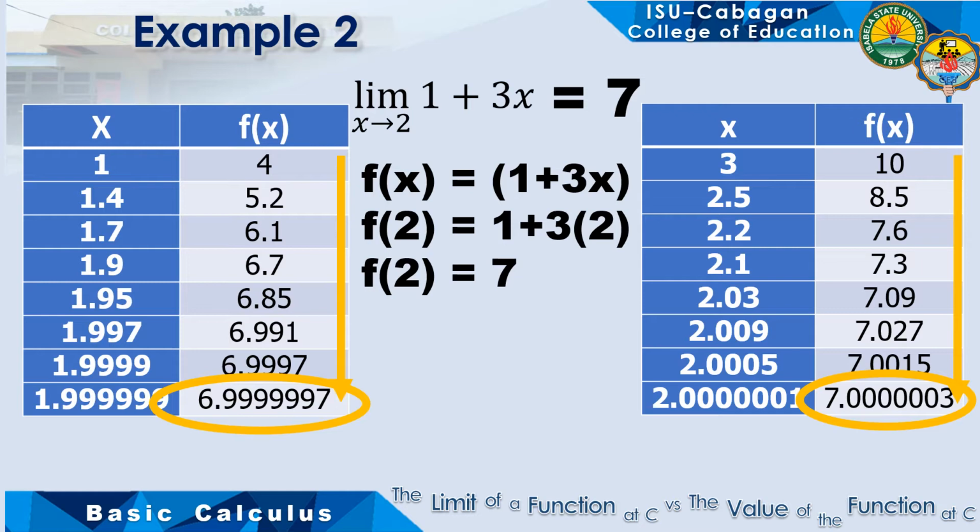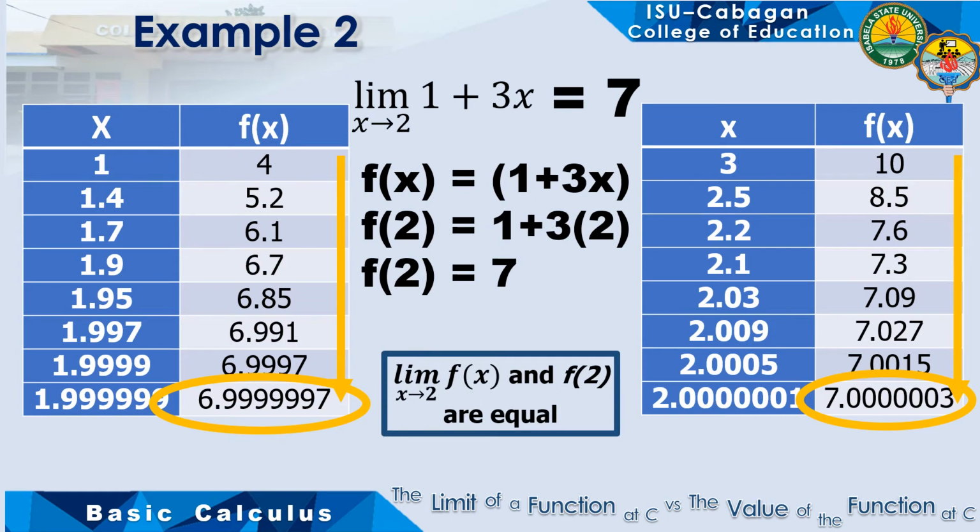As you notice again, the limit of the function 1 plus 3x as x approaches 2 is equal to 7, and f of 2 is equal to 7. Therefore, the limit of f of x as x approaches 2 and the value of the function f of 2 are equal.